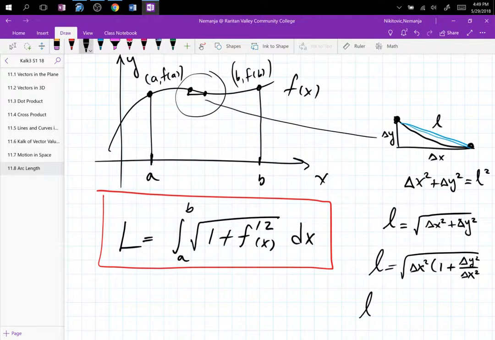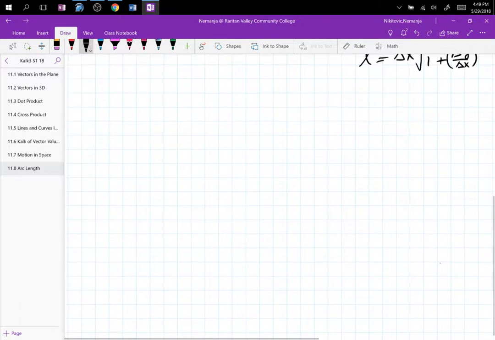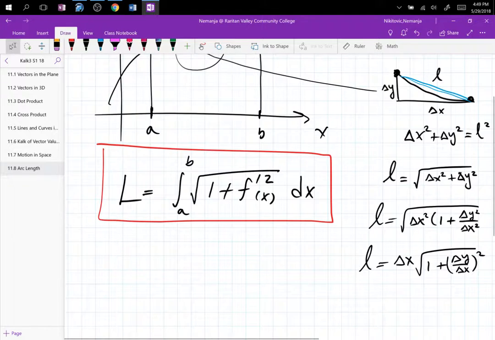And now this delta x jumps in front of the square root, and this is what we have. So now if you are to plug this into the integral, you have that delta x is your dx, and you have your 1 plus derivative squared. I hope you can see that from the formula.